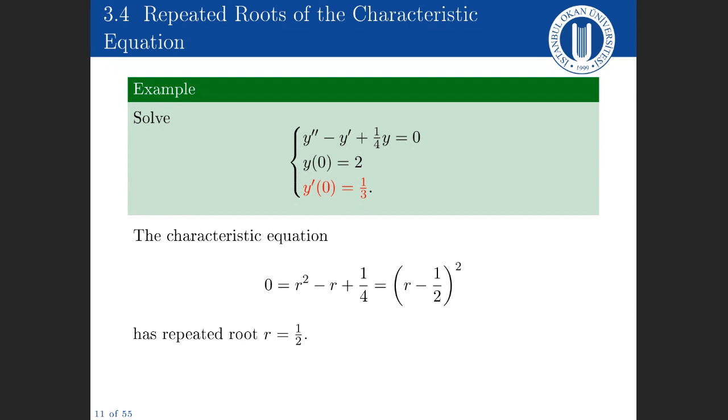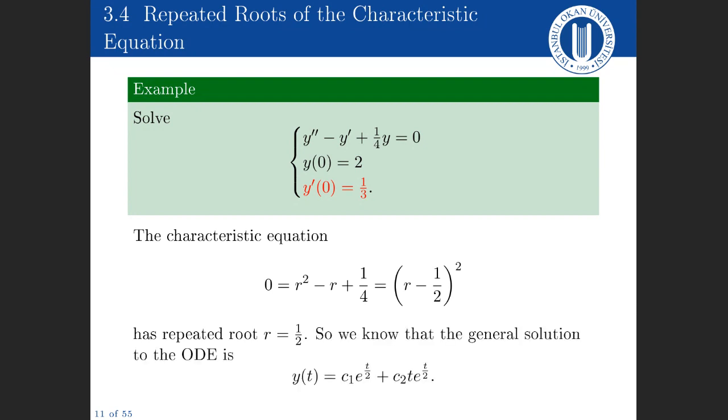As soon as we know the roots, we can write down the general solution to the differential equation. Because if we have repeated roots, it's always constant e to the power rt plus constant t e to the power rt. So in this case, c1 e to the power t over 2 plus c2 t e to the power t over 2. And that's all we need to do to find the general solution of this differential equation.